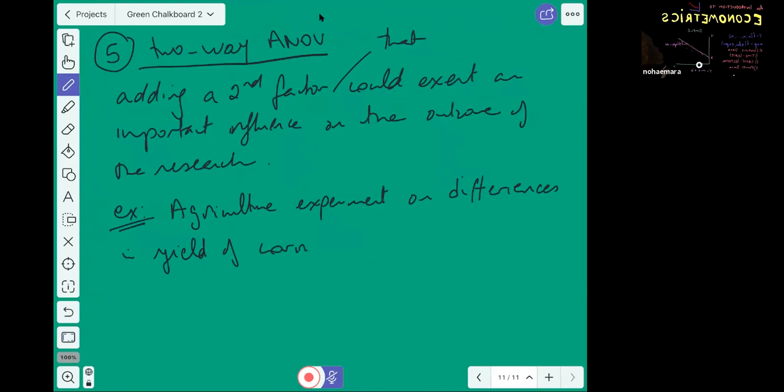This is corn using, let's say, 4 different varieties of corn. We have different varieties of corn and 3 different fertilizers.